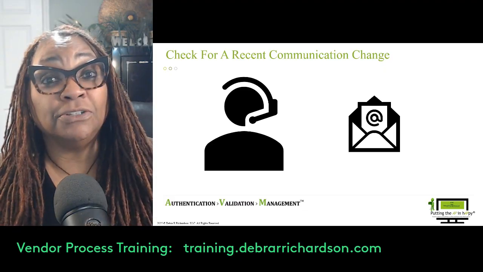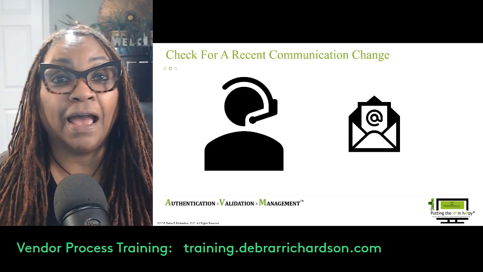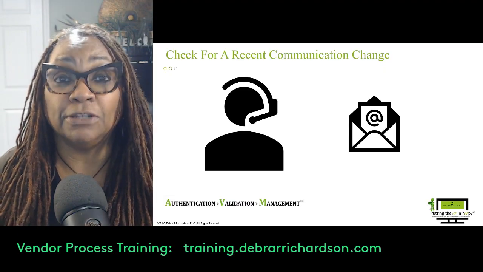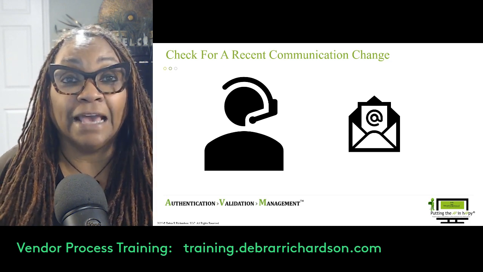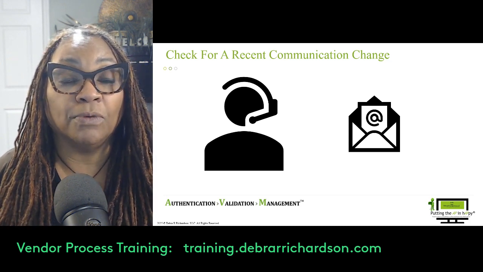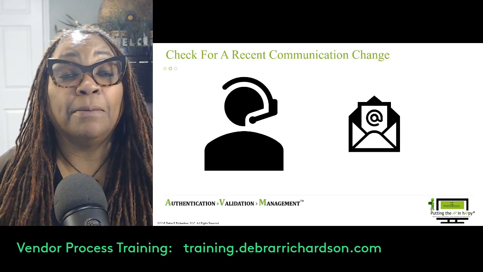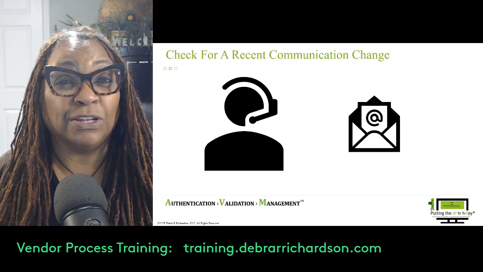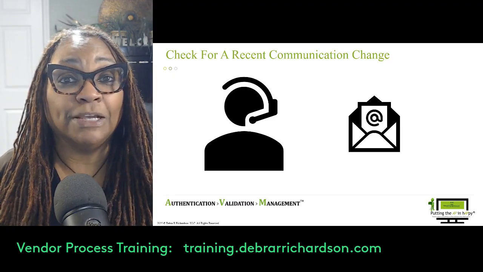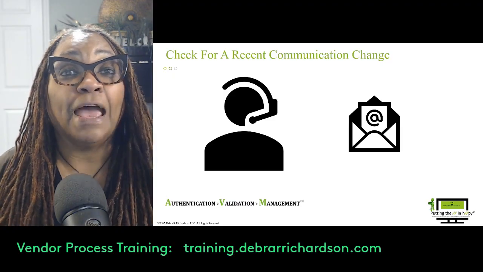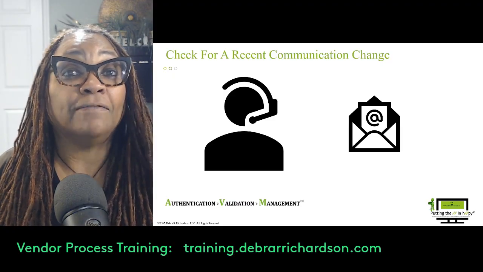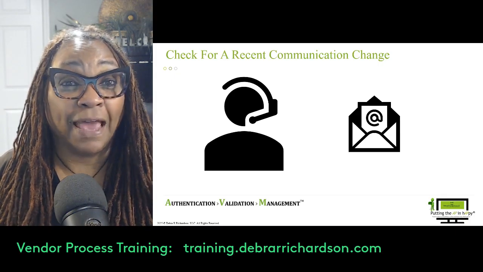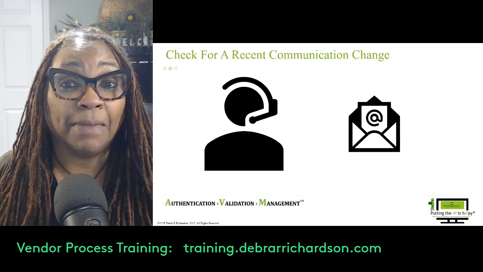So you need to do the same thing. If you don't have AI or some type of platform that can alert you to the fact that yes, you now have this change for remittance information, but guess what? Hey, you also had a change from the same vendor for communication information, be it their phone or email. Then if you don't have a system that will tell you that, then you need to check manually.